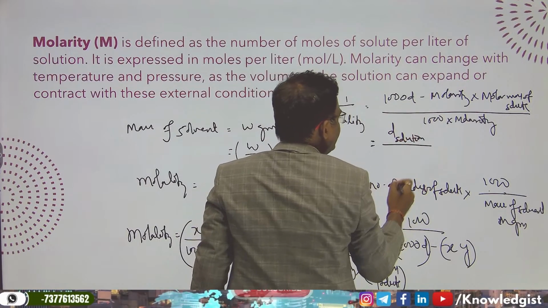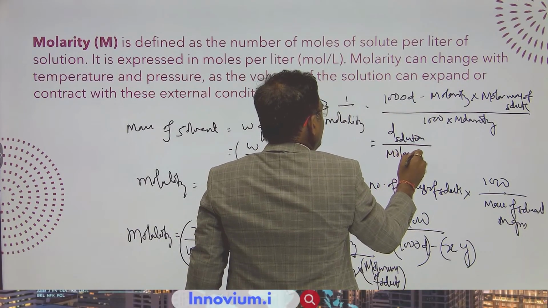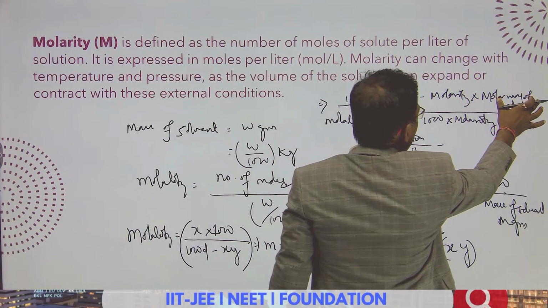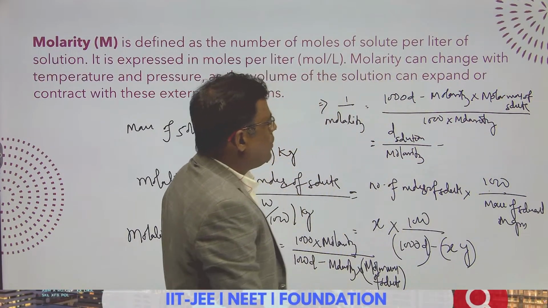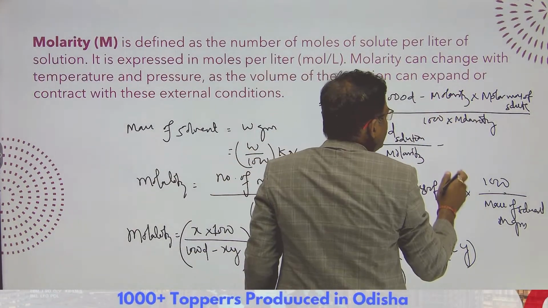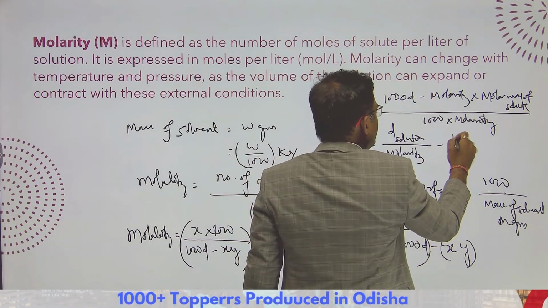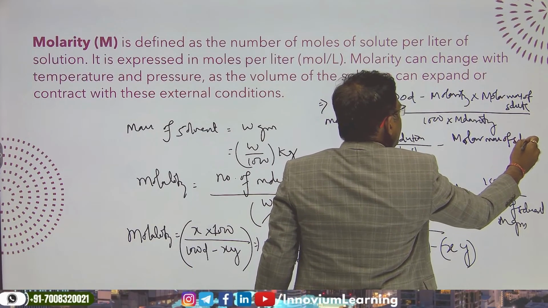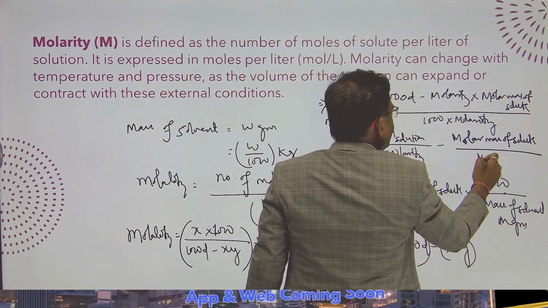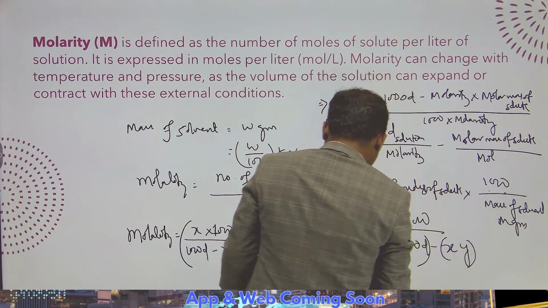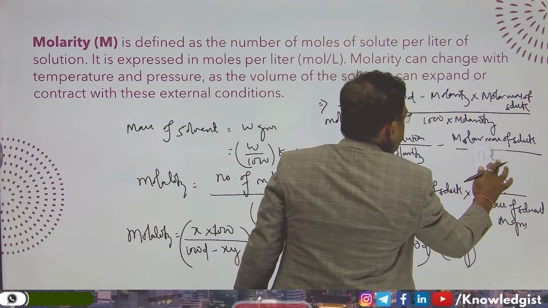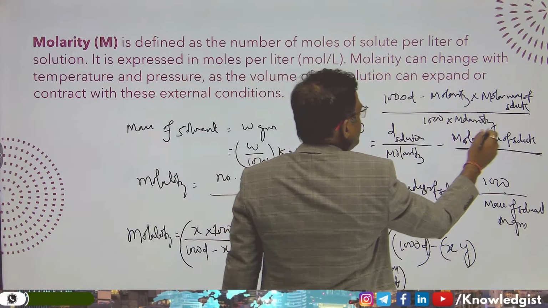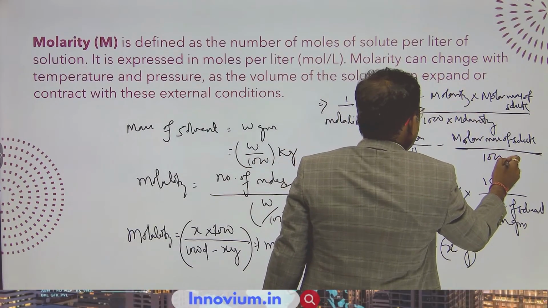This D is nothing but density of solution by molarity minus this molarity into molar mass of solute by 1000 into molarity. So this by this, then molarity will be cancelled. So this becomes molar mass of solute by 1000.